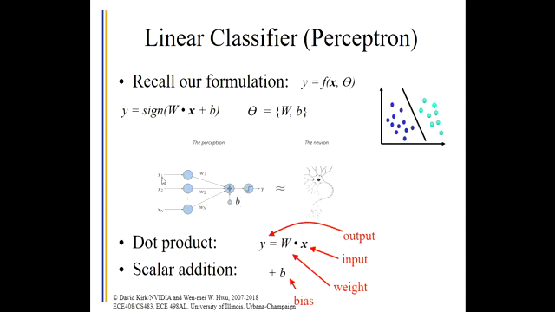X is a vector, so we have all the elements of X feeding into the network, and W is the coefficient for the vector space.